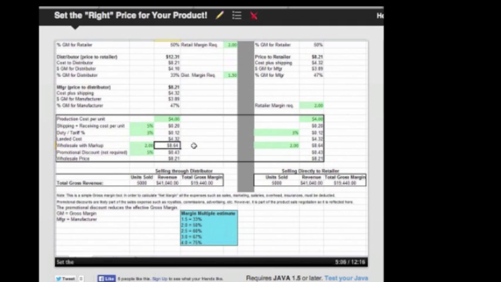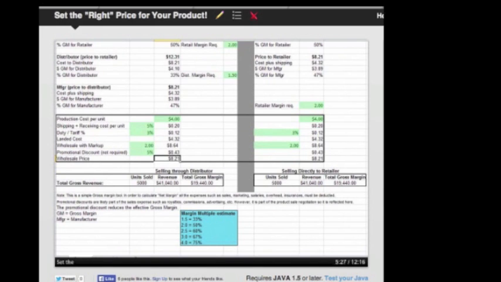Now, I like to add in a 5% discount, especially to retailers who are willing to pay right away. So that would then bring the cost down to $8.21 for your wholesale price.